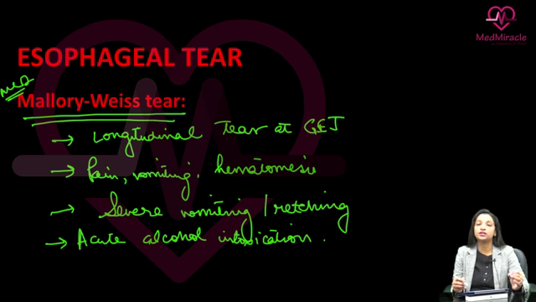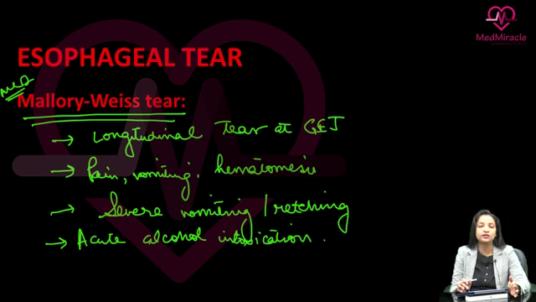So Mallory Weiss tear is associated with acute alcohol intoxication, severe vomiting or retching, and there is a tear which is a longitudinal tear at the gastroesophageal junction. This tear can lead to bleeding and pain, that is hematemesis.